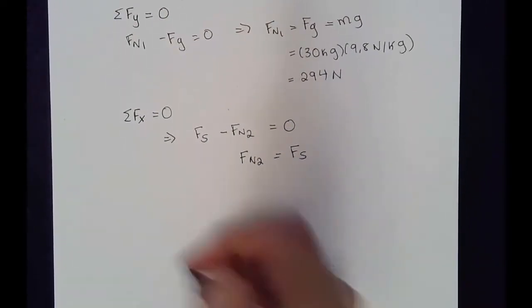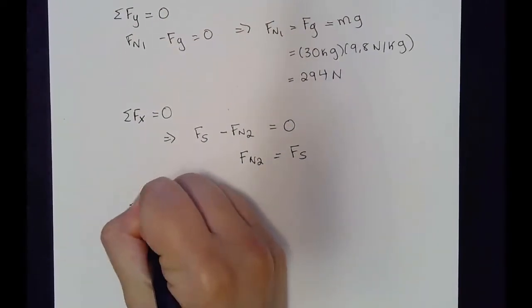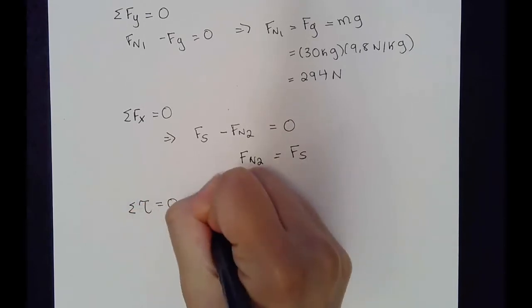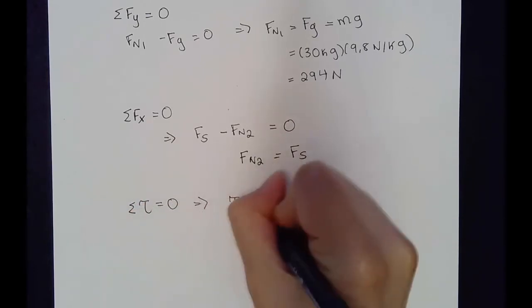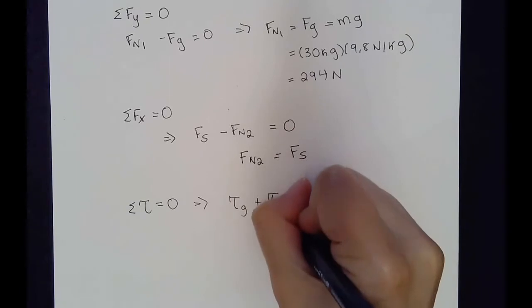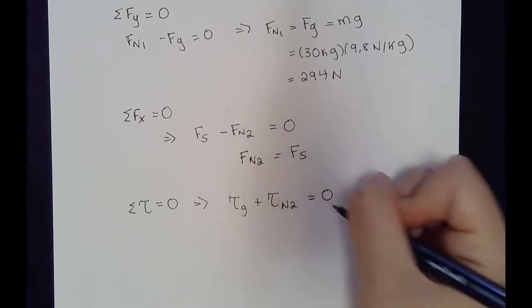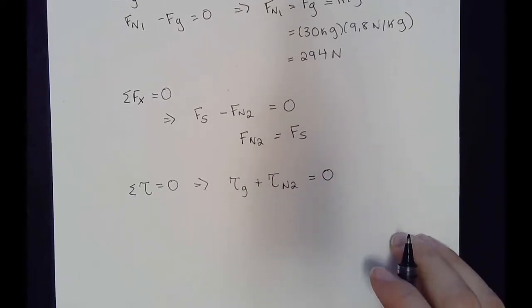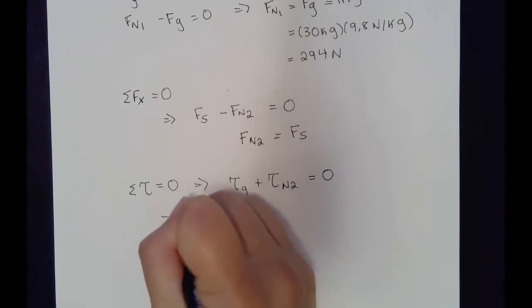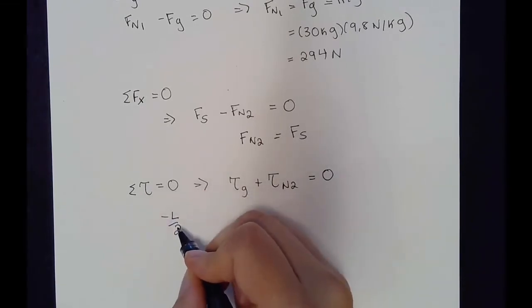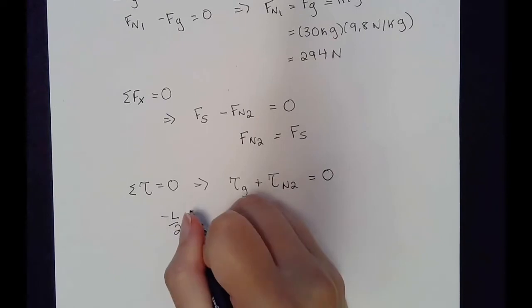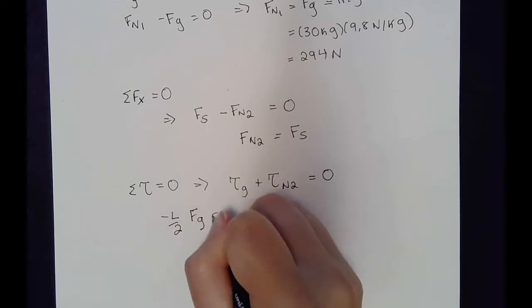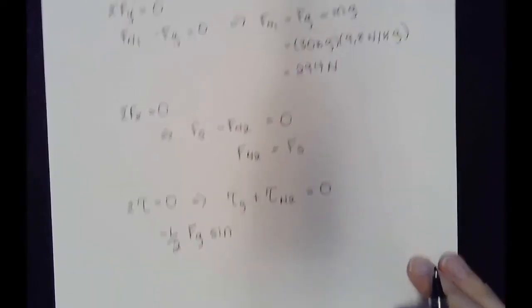Okay, so the second condition of equilibrium, the sum of all the torques is equal to 0, which means the torque due to Fg plus the torque due to the second normal force are equal to 0. So we have negative L over 2, since the weight acts halfway up the ladder, Fg, sine of the angle here.